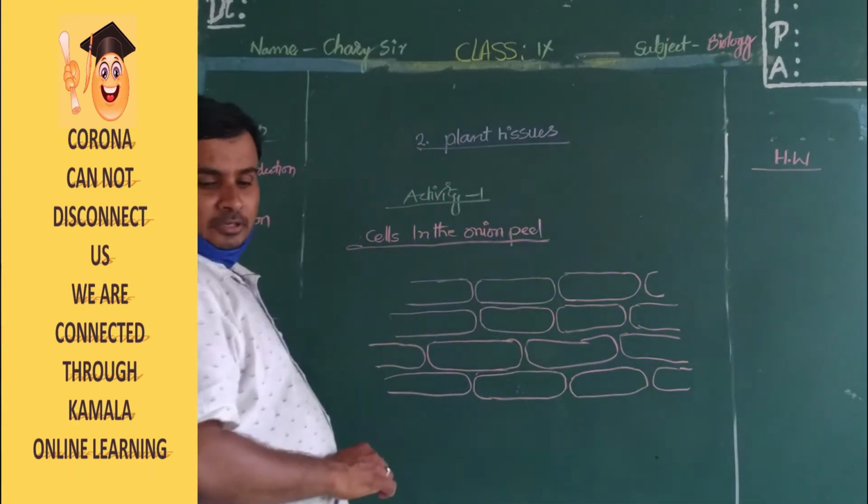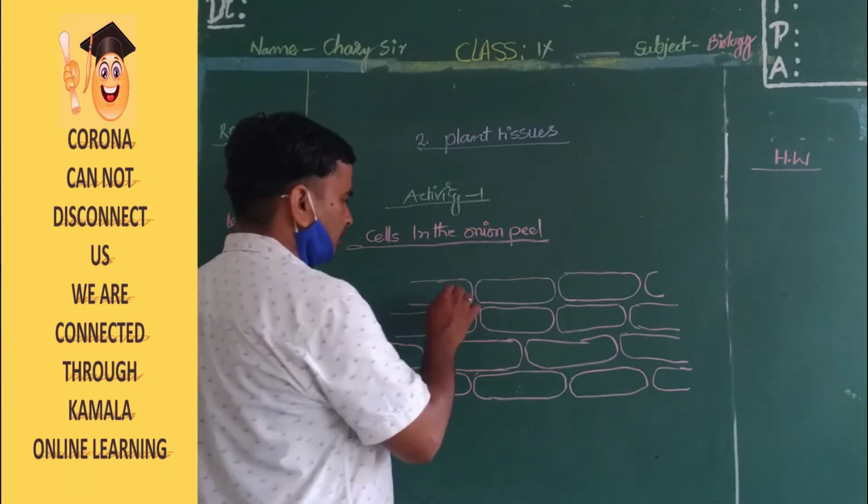How are the onion peel cells? If you see inside, the nucleus is there.